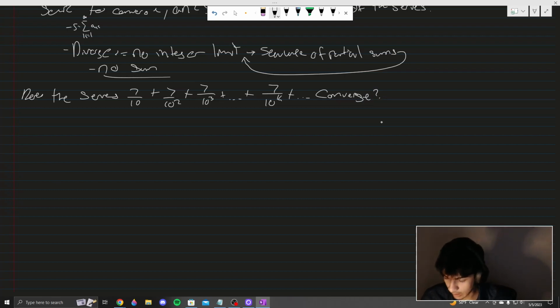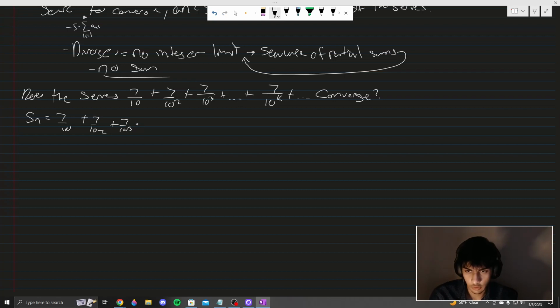Now, how do we test convergence? There's a partial sum, right? So S sub n equals 7/10 plus 7/10 squared plus 7/10 cubed, so on and so forth.